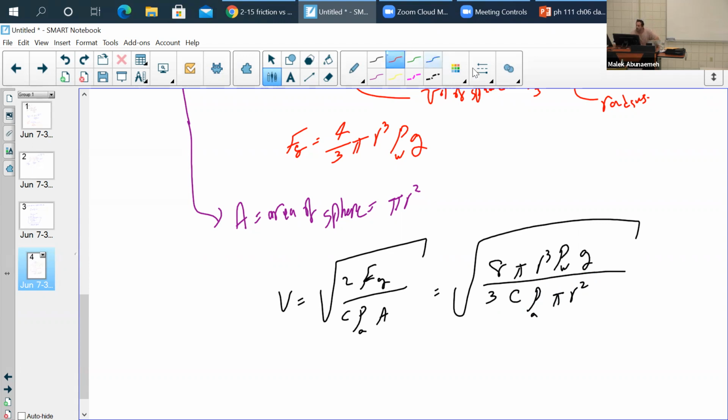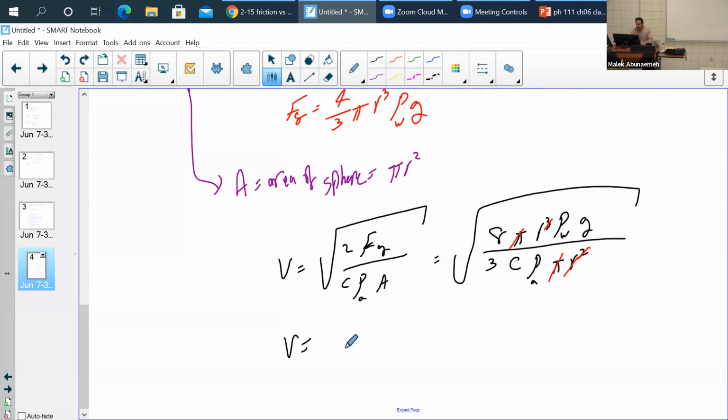Well, what a coincidence. Our pi's cancel out. And then one of these cancels out with that one. Two of these cancel out. So really what we're talking about is your terminal velocity is going to equal the square root of 8 rho multiplied by r multiplied by g divided by 3.